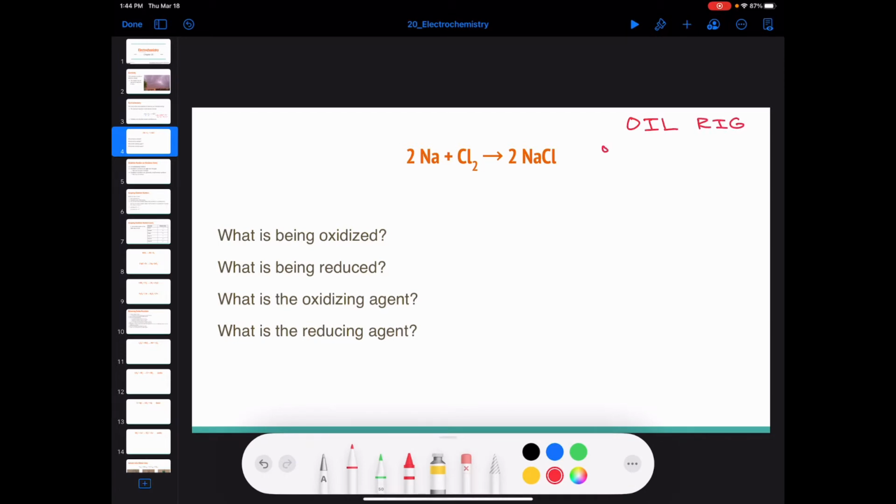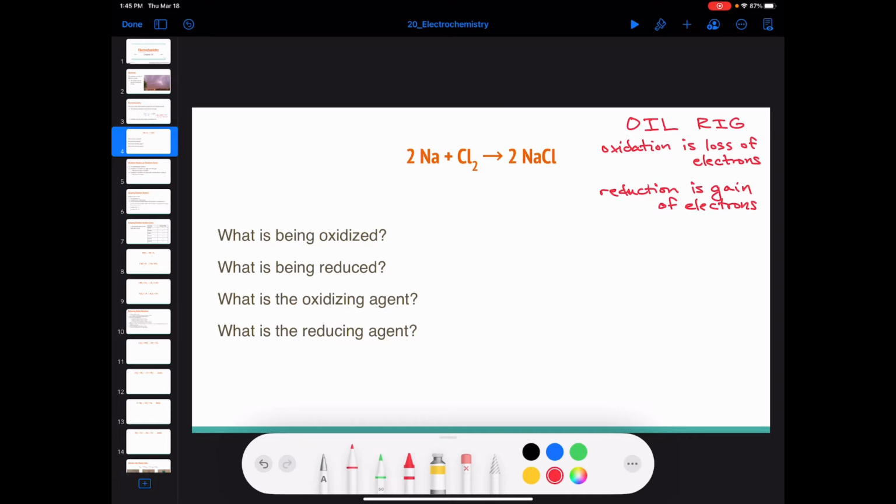And remember that oxidation is loss of electrons, and reduction is gain of electrons. It's a pretty easy way to remember it, right?